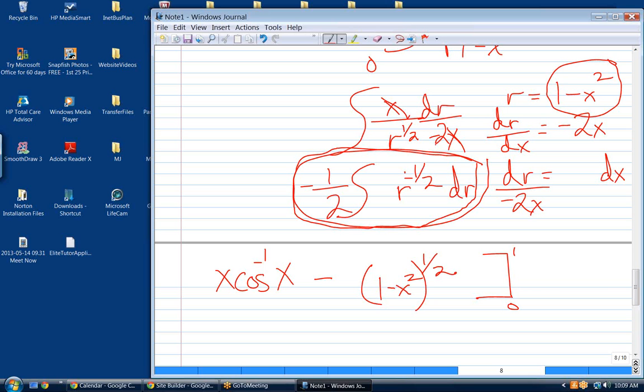So if I wanted to actually evaluate this, I would have to go from 1 to 0 instead of 0 to 1. In other words, you figure out what r goes to when x goes from 0 to 1, r goes from 1 to 0. But rather than changing your limits of integration, and I've never really seen a problem where you have to evaluate it at the new limits of integration, it's always simplest to go back and resubstitute for r and then evaluate it at your original limits of integration.